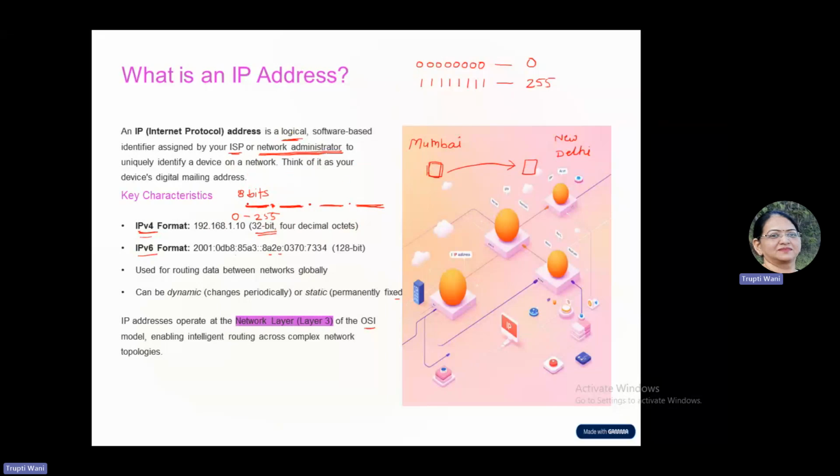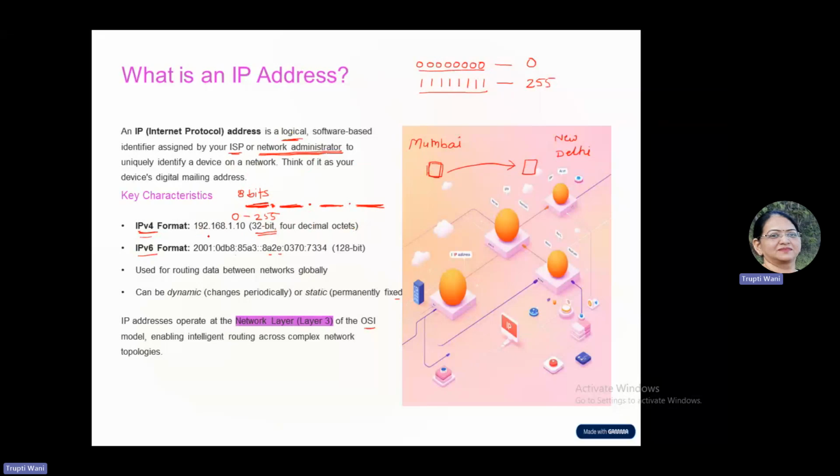Because if we are considering 8 bits, maybe all 8 bits are 0 or all 8 bits are 1. So when it is all 0, it is 0. And when all 8 bits are 1, then it becomes 255. So the range of each decimal number present here is between 0 to 255. And so four numbers are present in the IPv4 address, which is 32 bits long.